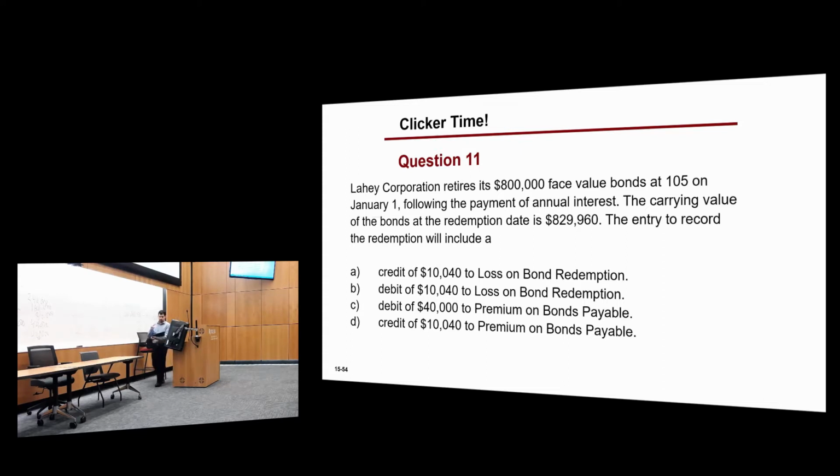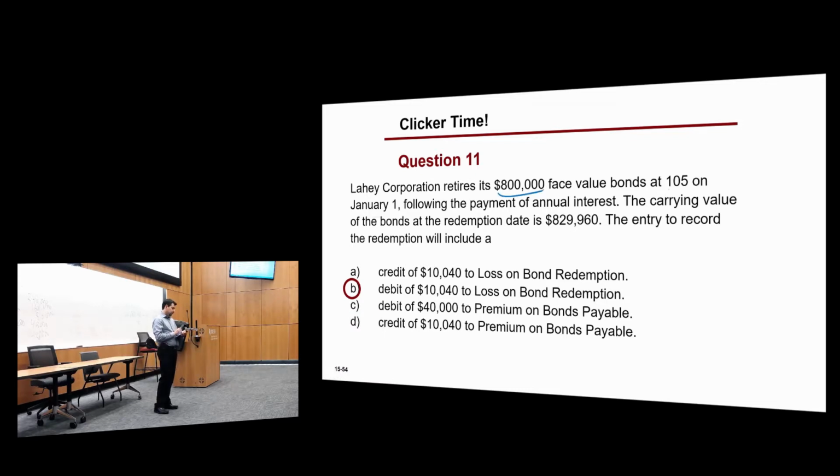So for this question, again, what you need to do is write the journal entry. When the company retires bonds before maturity, right? This is what's happening.